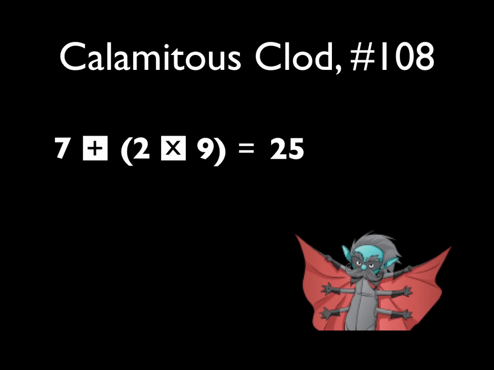Now remember, before you put in any symbols, Calamitous Clod has tried to trick you the best way he can. The best thing you can do is remember that whenever you see numbers inside parentheses, it means we do them first. So for every other example on this page, think about it: what will happen if I add or multiply those numbers in parentheses?